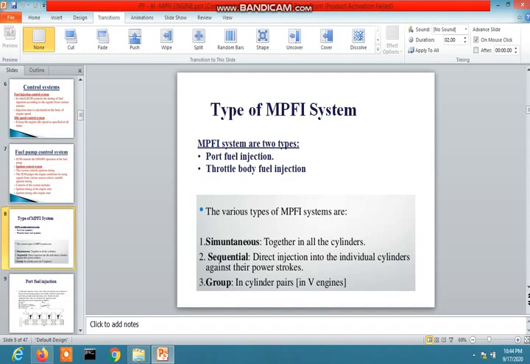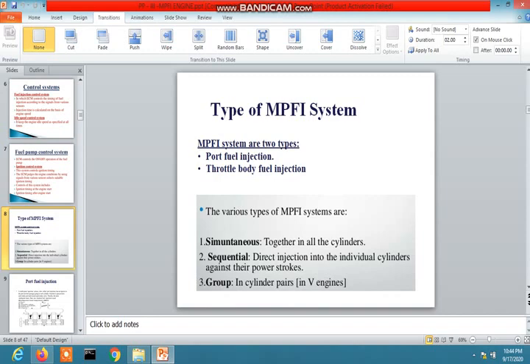Actually the main purpose of the MPFI system is to supply the proper ratio of gasoline and air to the cylinder. So on the basis of arrangement there are two types, one is port fuel injection and second is throttle body injection.